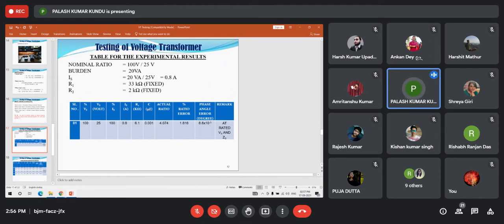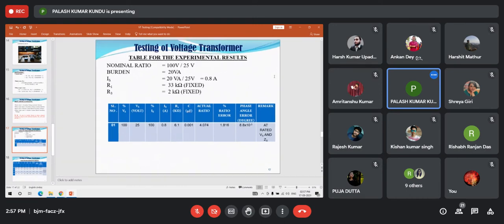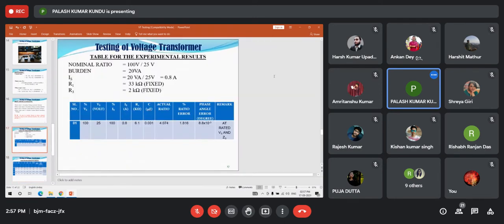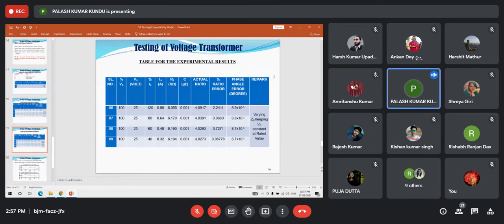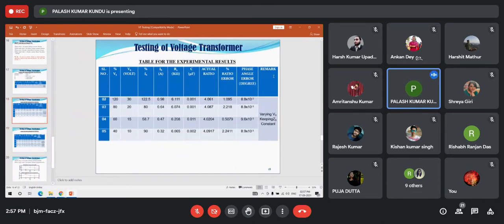The values of R1 and R2 are constant, which are fixed at 33 kilo ohms and 2 kilo ohms. So this is the table for the experimental circuit. Now you can see, varying Vs keeping Zs constant, the first condition.